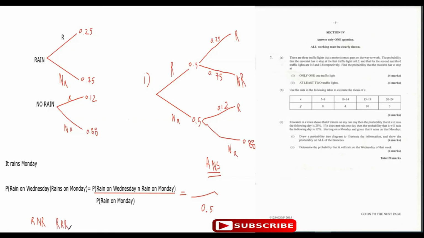Those are the two possibilities, aren't they? That's the probability it rains on Wednesday and on Monday. So let's find those.